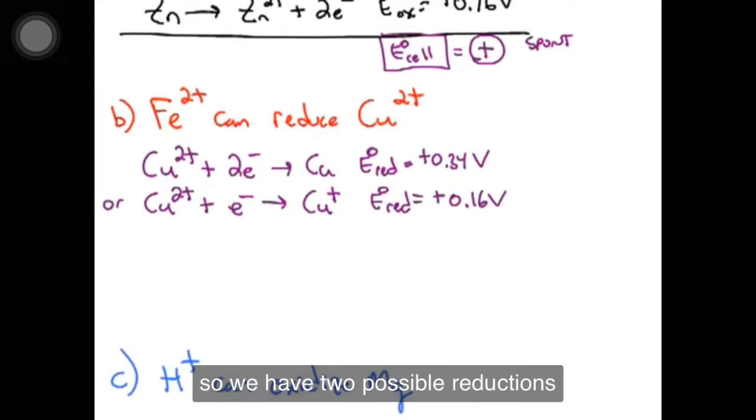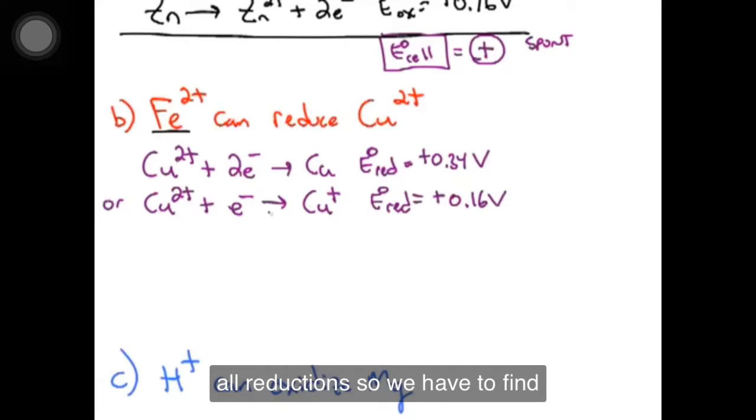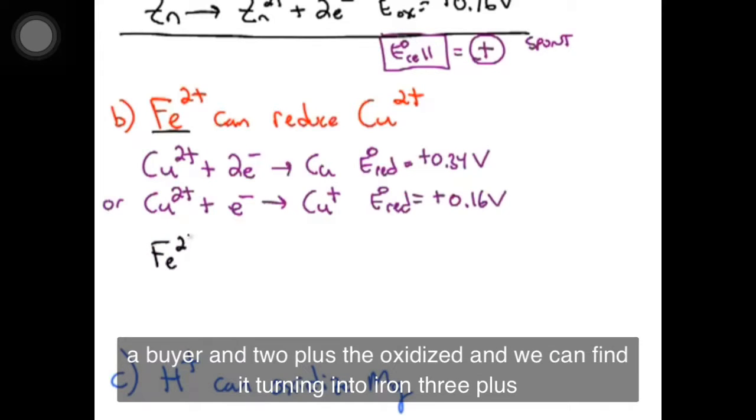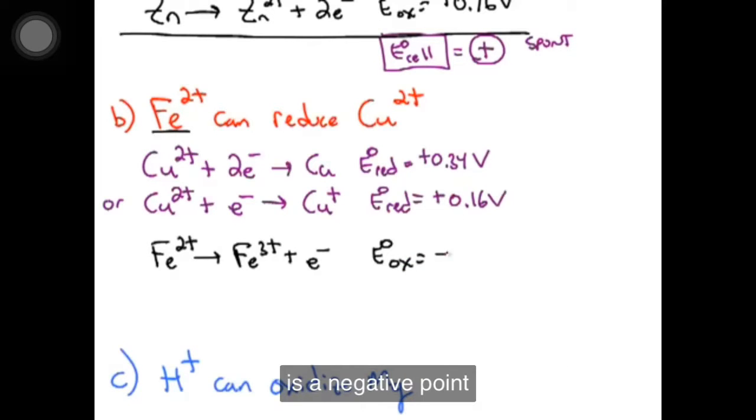So we have two possible reductions. When you look at iron 2+, iron 2+ in this example can't be reduced because then we would have all reductions. So we have to find iron 2+ being oxidized, and we can find it turning into iron 3+, and the standard oxidation potential is a negative 0.77 volts.